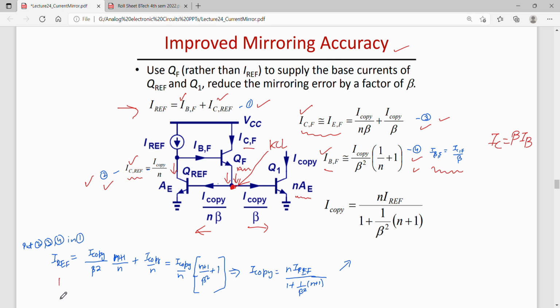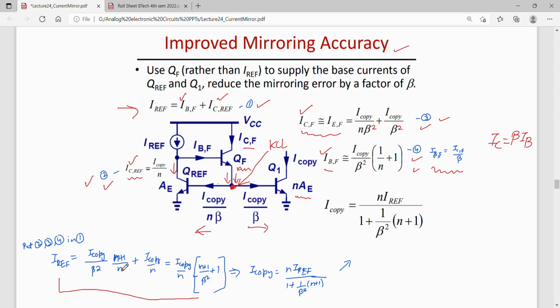So I can find out from 1 by putting this ICREF and IBF into this. So if I put, I get this relation, that is IREF is now equal to IBF. So IBF is simply this divided by beta square. I copy by this is n beta square.